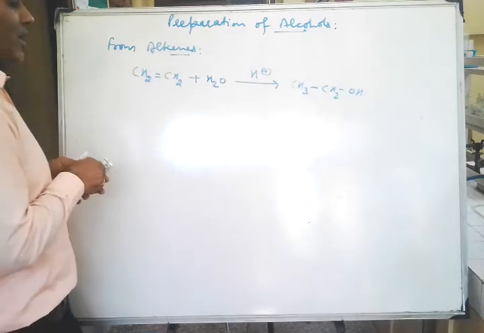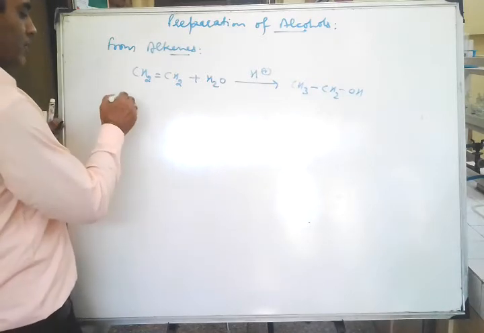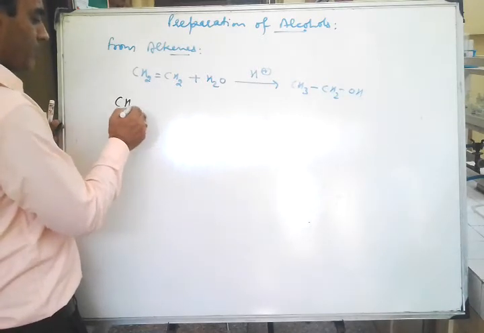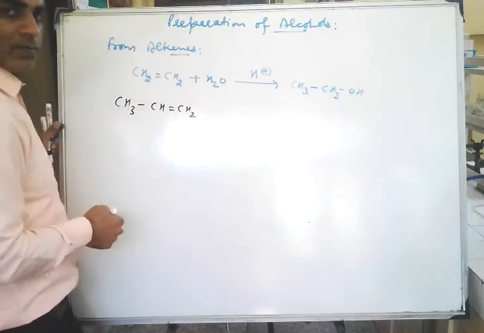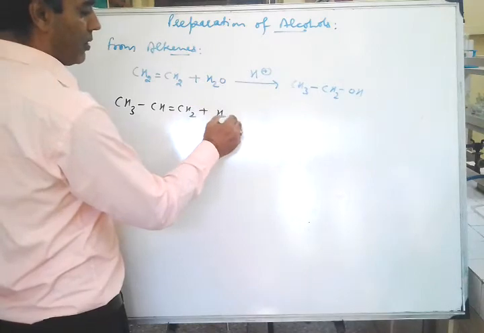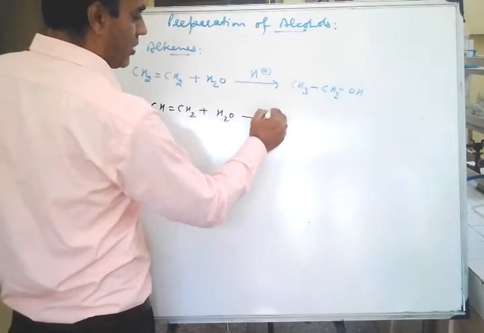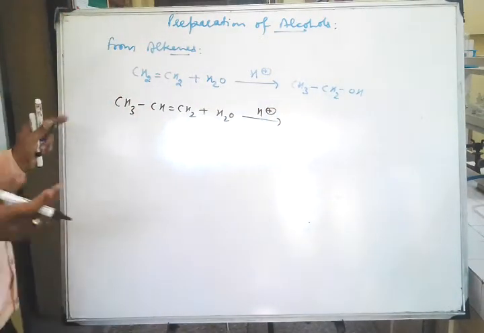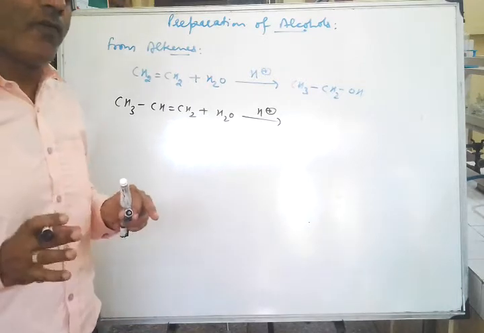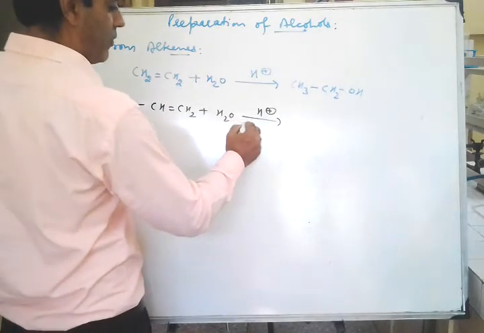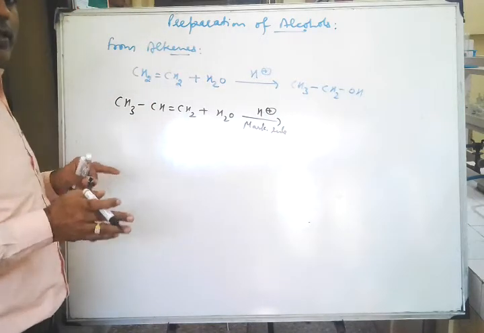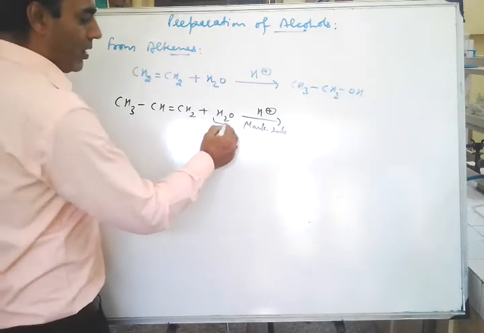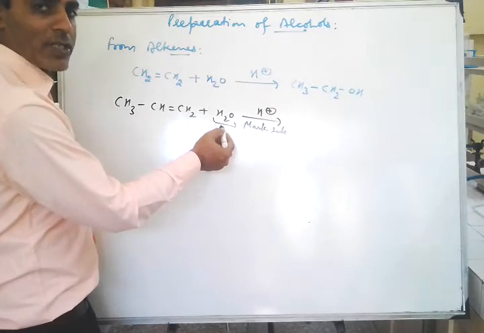Now next, if you take another type of alkene, for example CH3CH=CH2, and H2O is added, now there will be Markovnikov addition of the water molecule. So here we will write Markovnikov's rule. According to Markovnikov's rule, the negative part of this molecule is the OH negative ion.